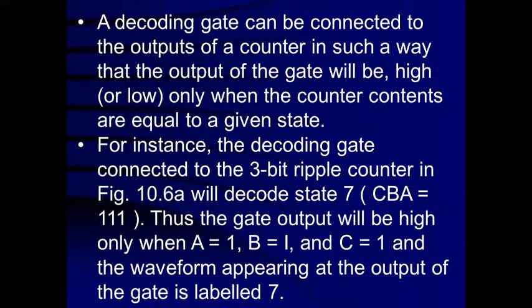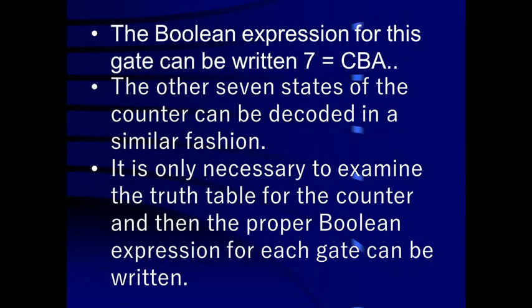The output of the counter A is 1, output of B is 1, and output of C is 1. These are connected to the inputs of the gate, and the waveform appearing at the output of the gate is labeled 7. The Boolean expression for this gate can be written as 7 is equal to CBA.